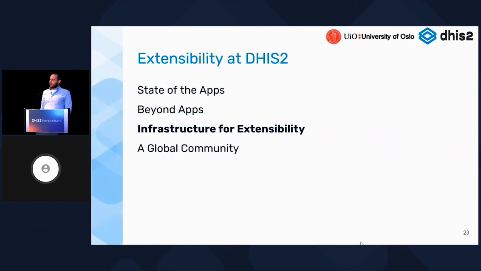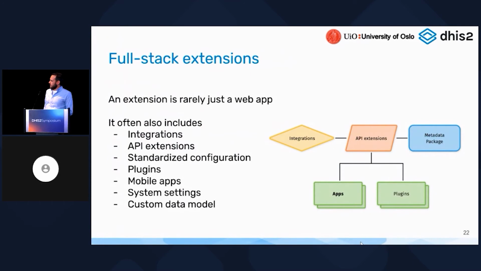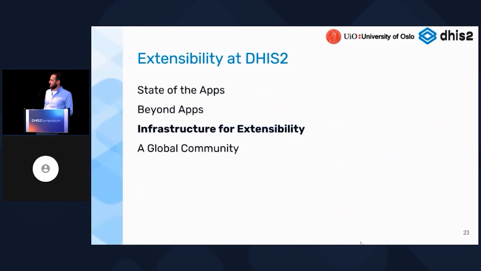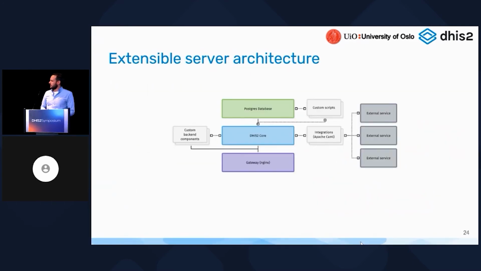So how do we, oh, I think this is maybe an older, oh, this will work. So this is a little bit technical, but we're not going to get into it. It's a diagram of the components of DHIS2. So you have the DHIS2 core, which is what everybody knows as a WAR file you install on your server and it runs.